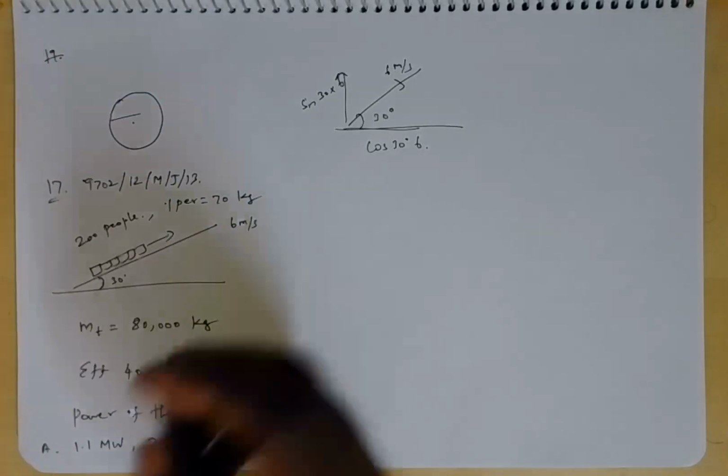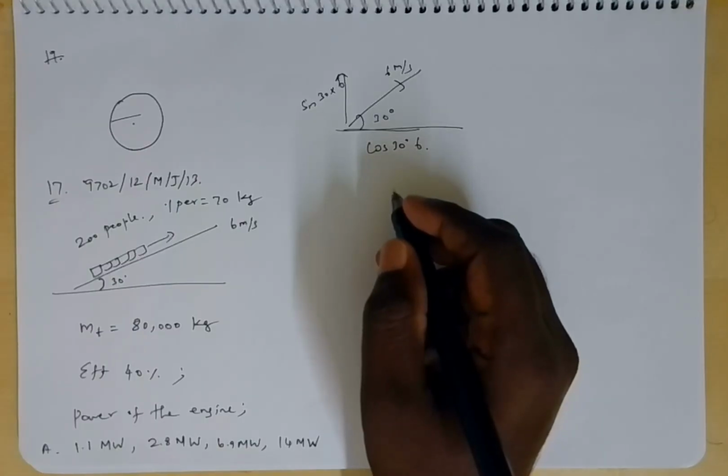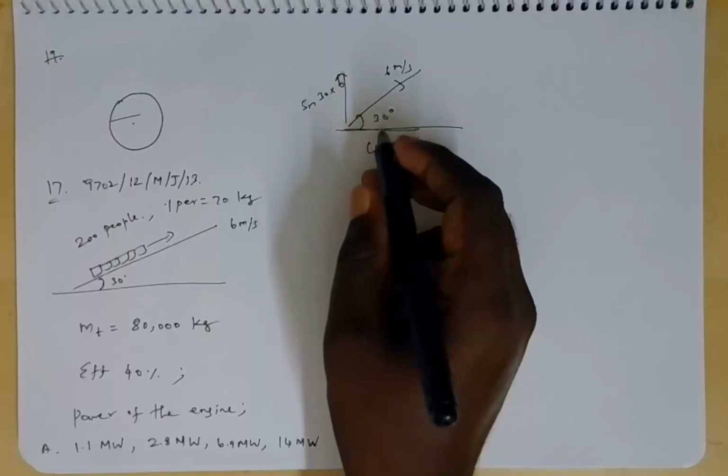Okay, you used half mv square or mgh? No, sir. Okay, no problem, sir.